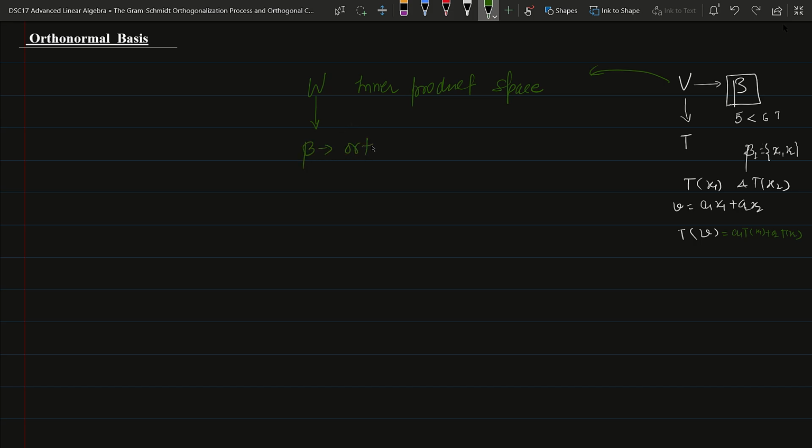ओके, ऑर्थोनॉर्मल बेसिस. ओके, so ऑर्थोनॉर्मल बेसिस की हेल्प से we can determine various properties of this inner product. Okay, like we can identify the T image, we can identify the LI LD set, we can identify the spanning set, etc. Okay, so this is the motivation to study orthonormal basis.